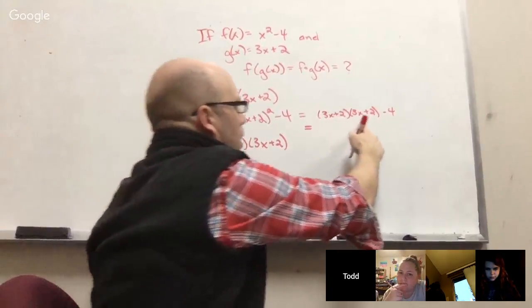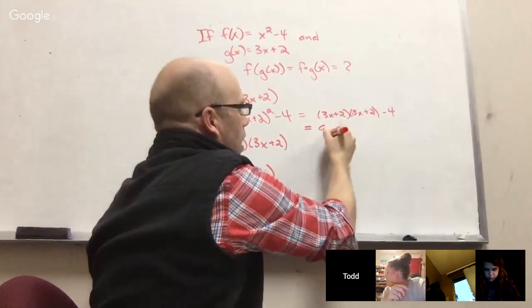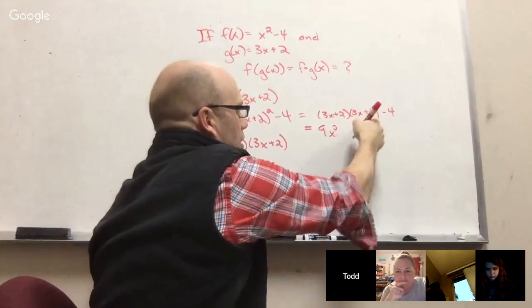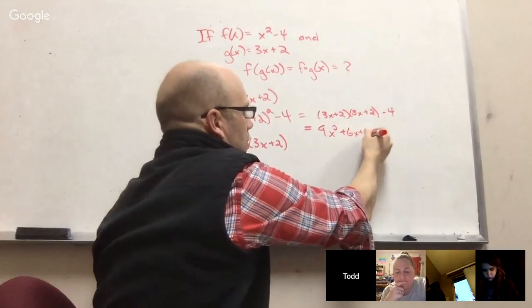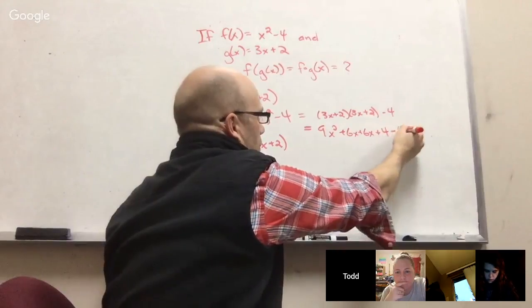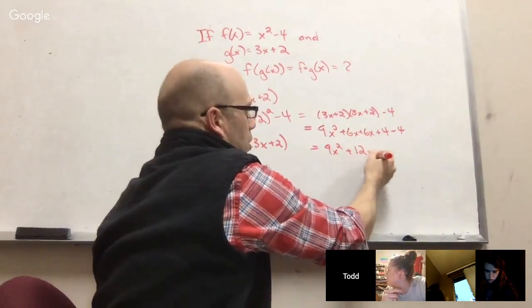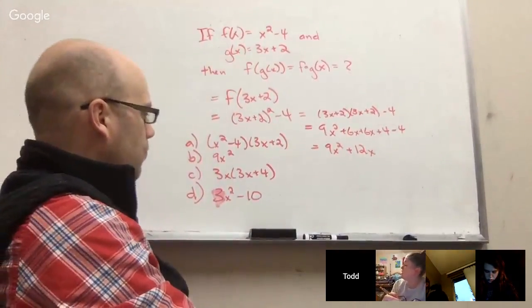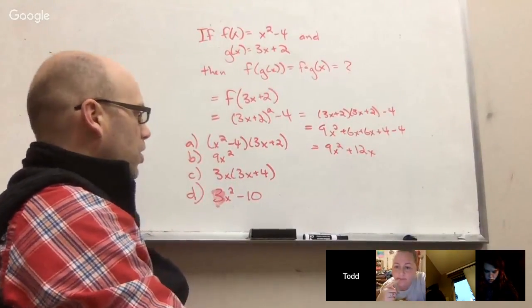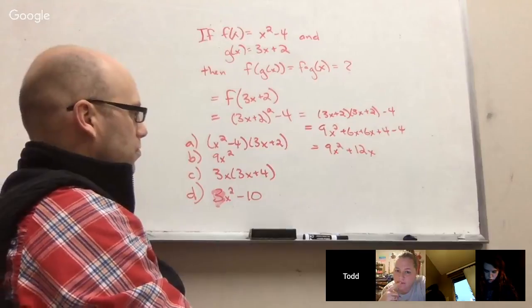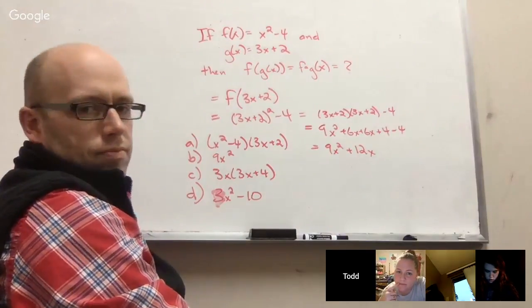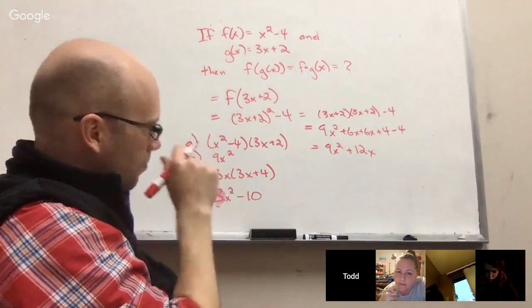Right. So you have to make sure and do 3x times 3x is 9x squared. You're going to get 6x and another 6x plus 4 minus 4. So we get 9x squared plus 12x. Did I do that right? Yep. Which one of those is right then?